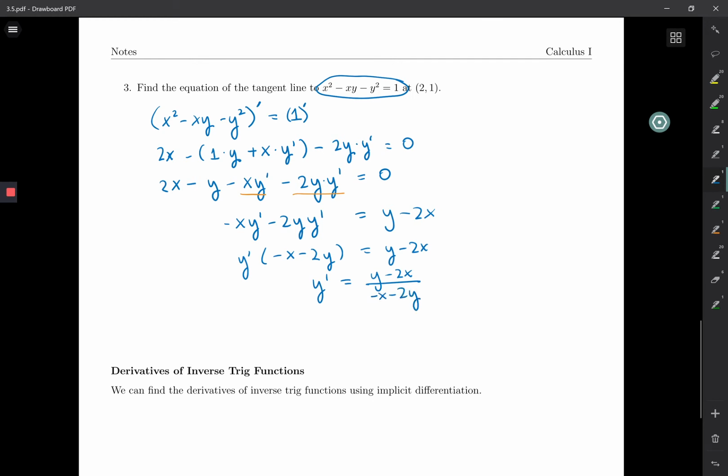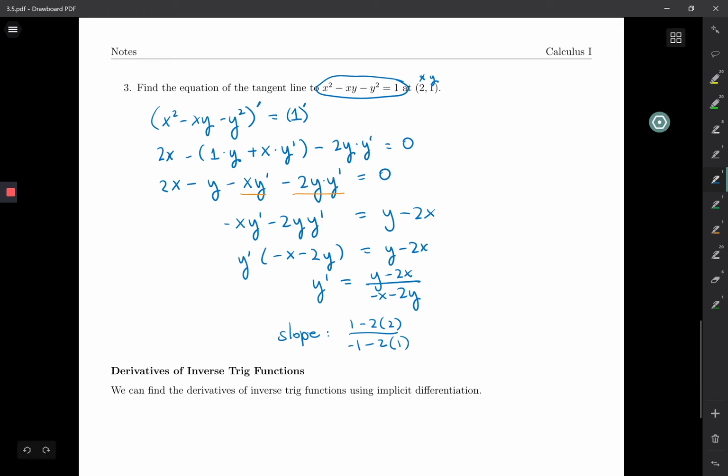Okay? And then we want to actually evaluate this at the point (2, 1). So that means x is equal to 2, y is equal to 1, right? So just plugging that in, our slope is going to be 1 minus 2 times 2 over negative 1 minus 2 times 1.